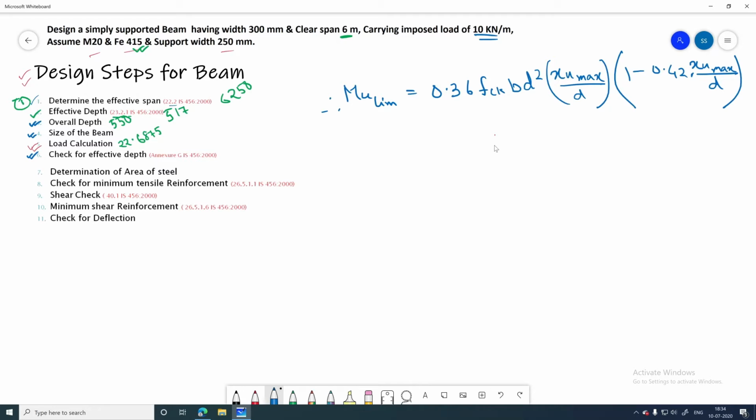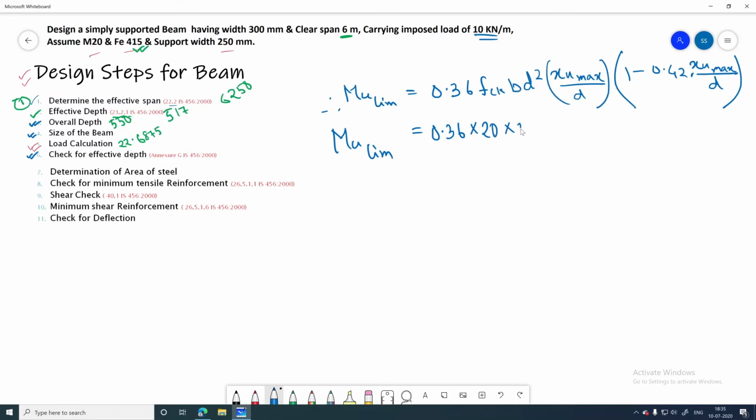So after that you need to put the values over here to determine the Mu limit. After that you put the values of each term to determine the Mu limit. So 0.36, fck is 20, b is, how much is b?